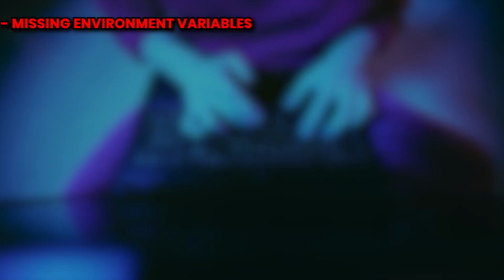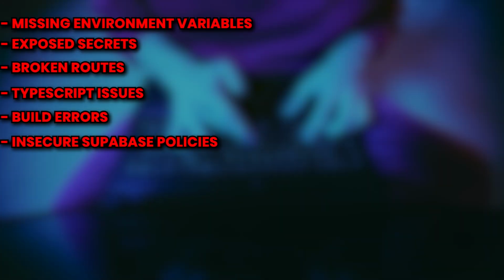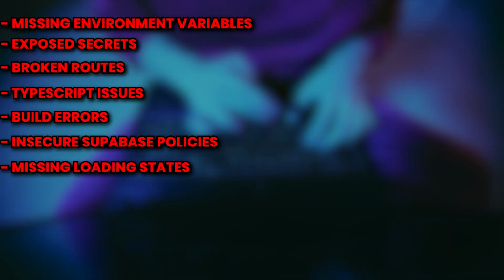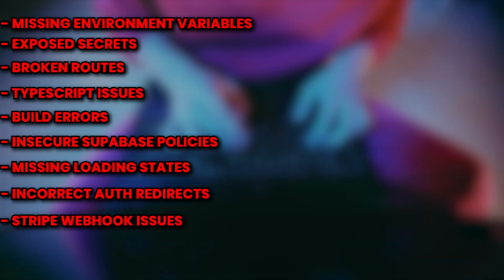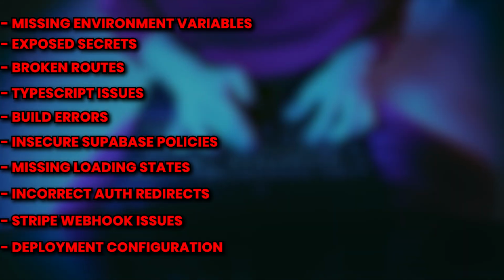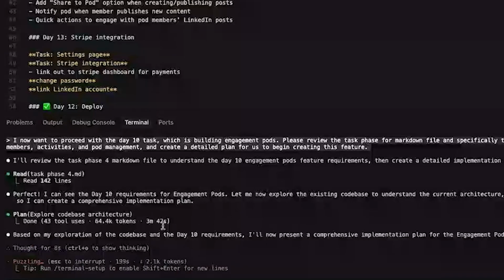Check for missing environment variables, exposed secrets, broken routes, TypeScript issues, build errors, insecure Supabase policies, missing loading states, incorrect auth redirects, Stripe webhook issues, and deployment configuration. Give me a production readiness report. This is where the build becomes serious.